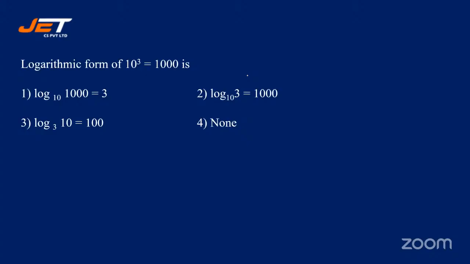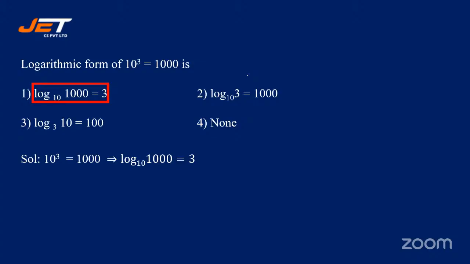The logarithmic form of 10 cube is 1000. How do you write this? Log 1000 base 10 is equal to 3. Taking log, log 1000 base 10 is equal to 3.